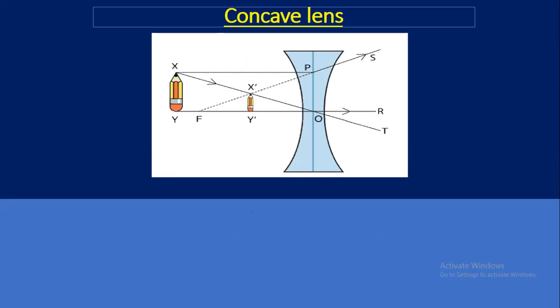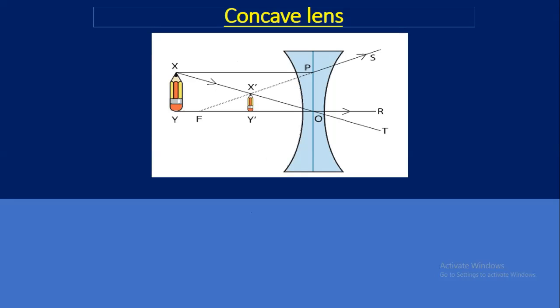We have discussed 6 conditions for the convex lens, and our next discussion is all about the concave lens. If the object is placed inside the focus or any other position, then by using the conditions for the ray diagram we can draw the position of the image.